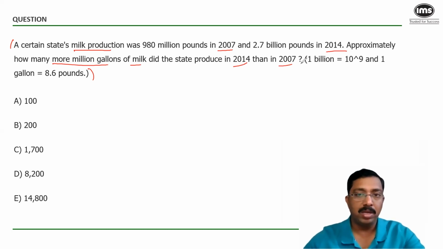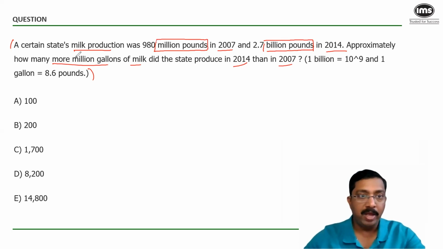But the trickiest part in this question, if you watch it closely, you understand that there is a difference in units. In 2007, the unit given is million pounds, whereas for 2014, it's given in billion pounds.